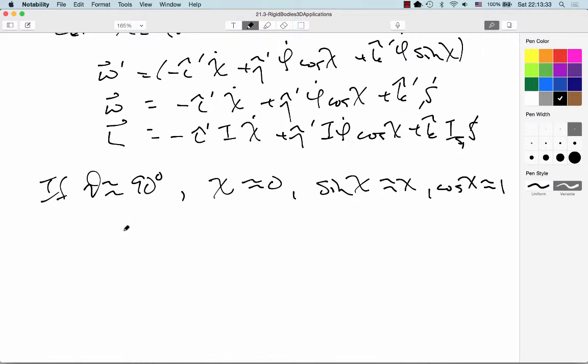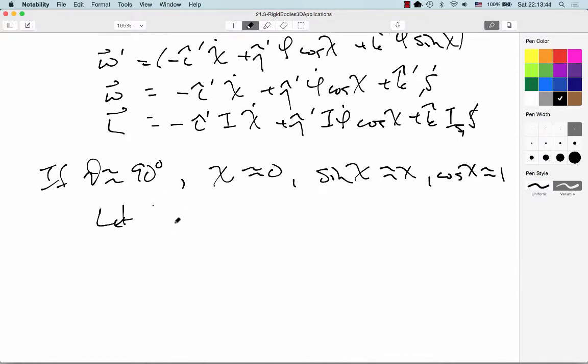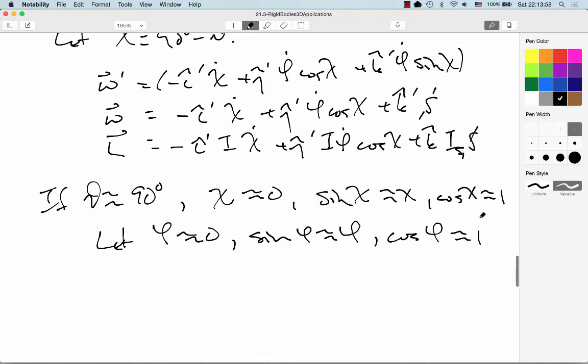Also, while we're at it, we're going to assume that we're not turning the handlebars too fast, so we let phi be approximately 0, which means that the sine of phi would be approximately phi, and the cosine of phi would be approximately 1.